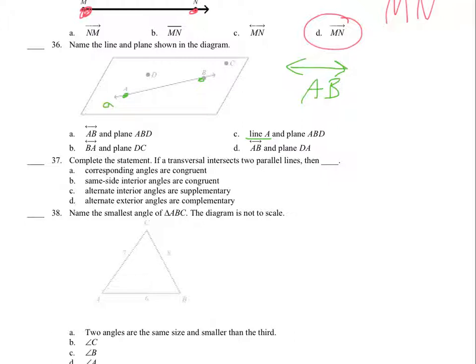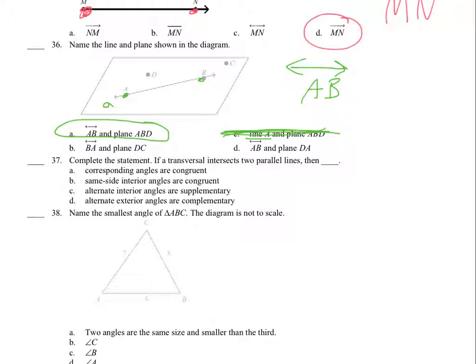So in this case we don't pick a point on the line and name it that. So it's either AB, or BC, or CD. And then we name a plane based on 3 letters that are included in that plane. And in this case, ABD would work. If it had said DCB, that would work also.